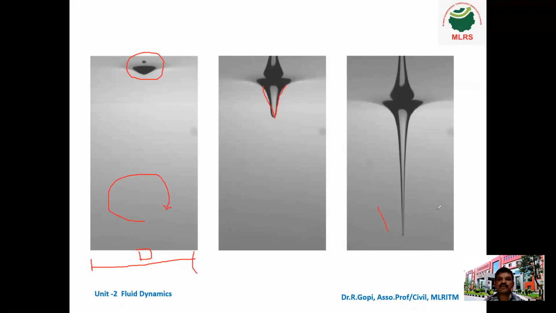If you rotate at a very high speed, the vortex is formed at a greater depth. This is your Z value, up to here, and this also is Z. This is the depth of the vortex.